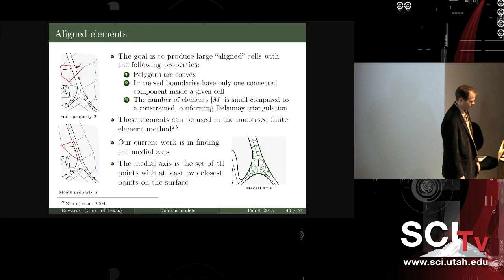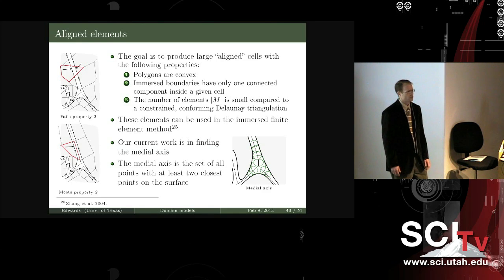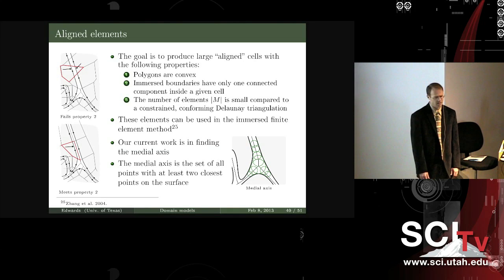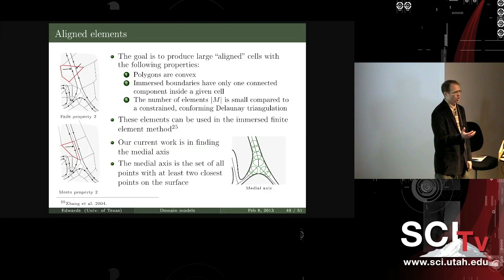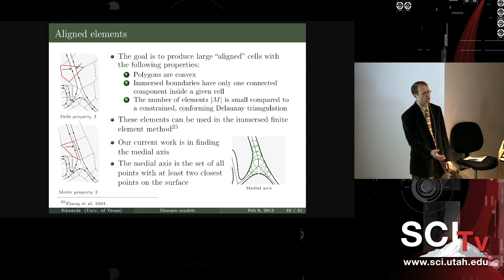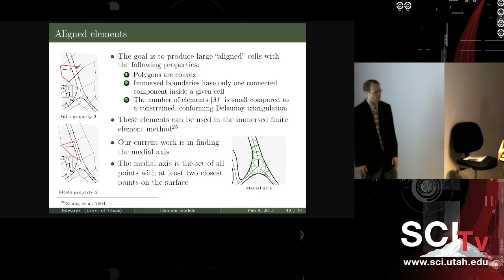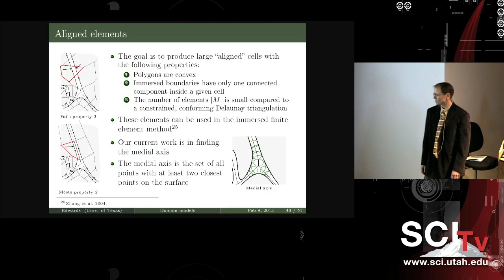In the top left graphic, you can see a cell that, intersected with the surface, will yield two connected components. That wouldn't work for us. The bottom left does meet that property, and that's what we're looking for. You can kind of see the medial axis idea coming out here. We want to align ourselves along the medial axis so that we ensure property number 2 in our resulting cells.